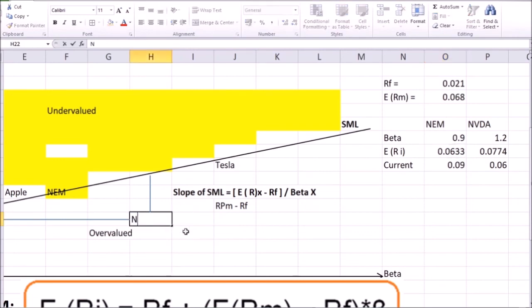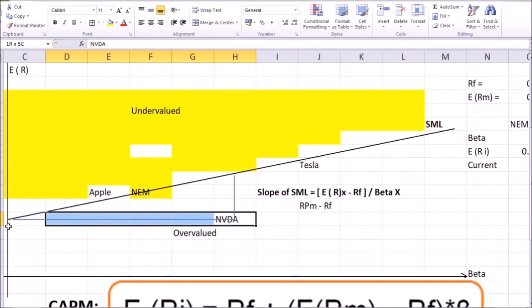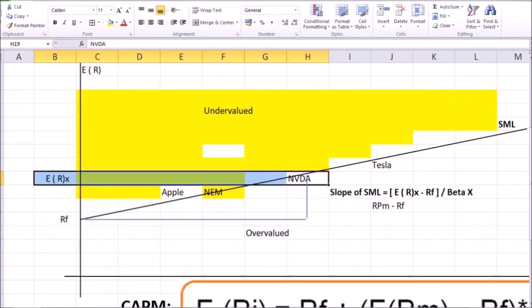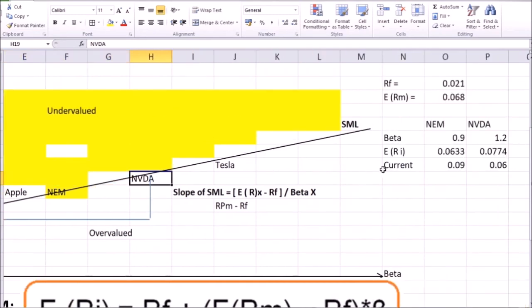And NVIDIA is overvalued with expected rate of return pretty low. And as it's overvalued, price should decline, raising the returns closer to the securities market line, up from the current 6%, somewhere closer to 7.7%. So again, NEM is undervalued in this case, and NVIDIA is overvalued in this case.